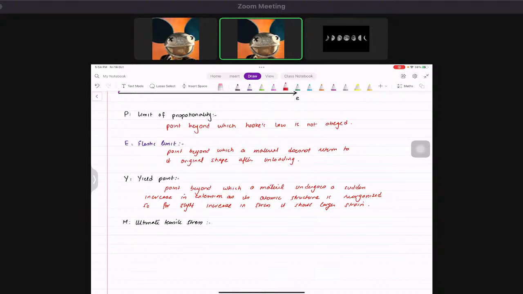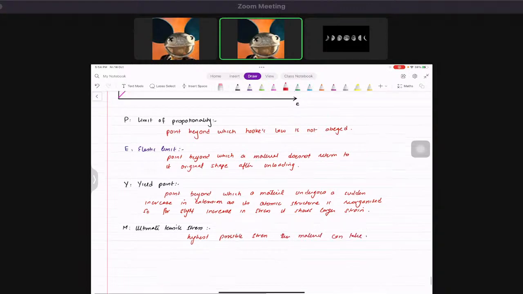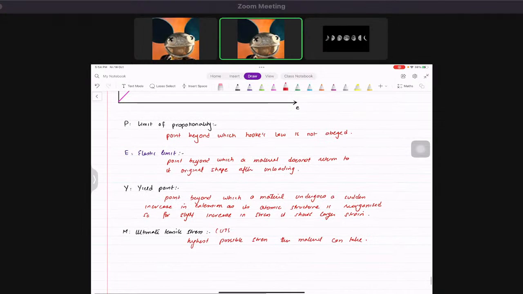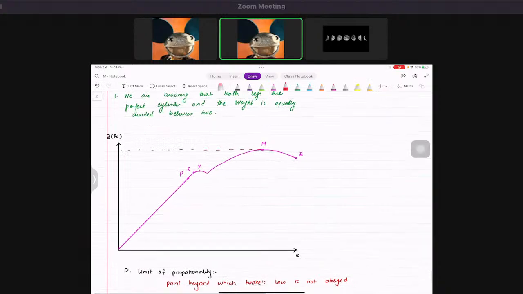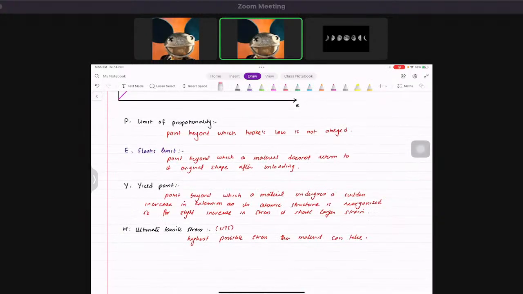Basically, this is the highest possible stress this material can take. Usually we write it as UTS like this, and if you look at it, this is the maximum stress that it can take. Understood? Yeah.